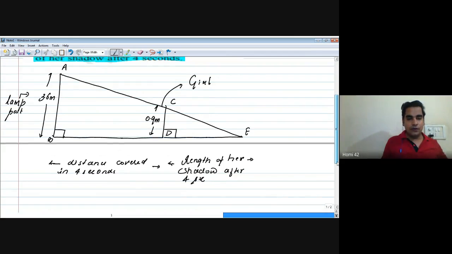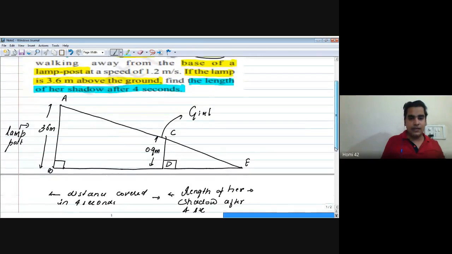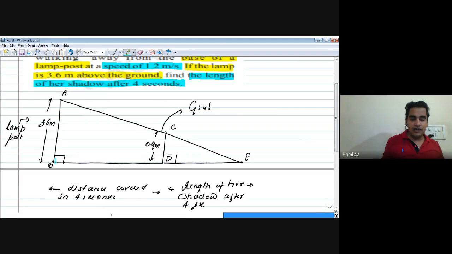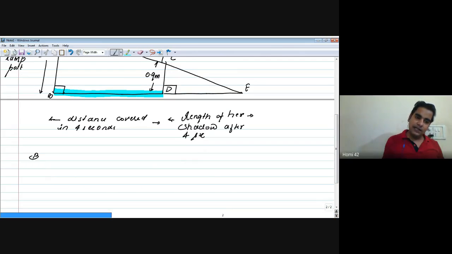So first, what do we need to find out? We need to find out the distance that is covered by the girl in 4 seconds, that is BD. The speed of the girl is already provided to us, 1.2 meter per second. By using the formula speed is equal to distance upon time, I can calculate the length of BD. BD is the distance covered in 4 seconds.